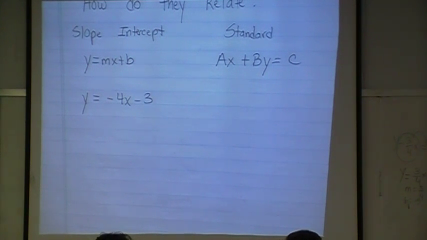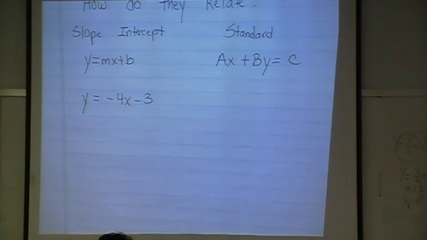You're going to have to learn something today. What if they said, we need you to find the x-intercept with that? Well, you can't find the x-intercept when it's in slope-intercept form, can you?